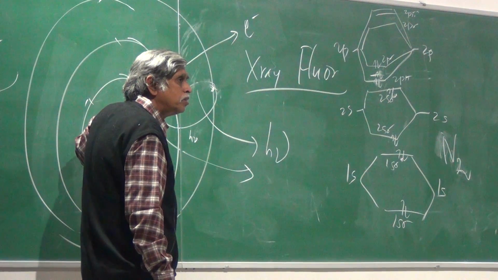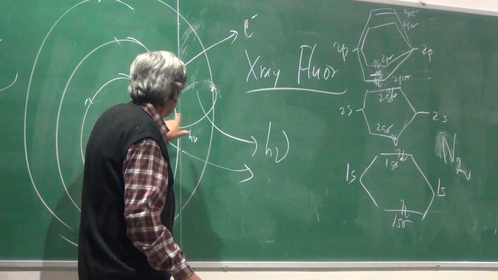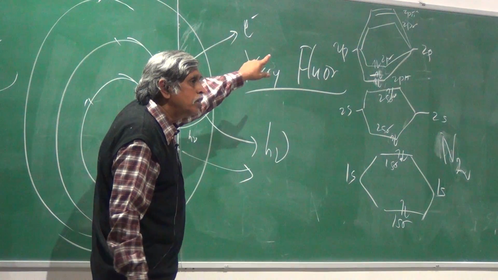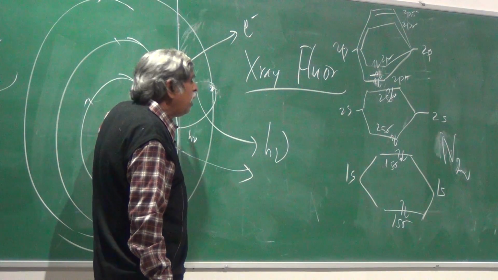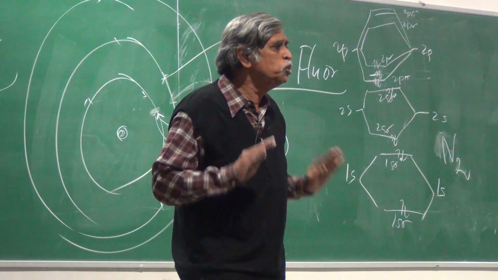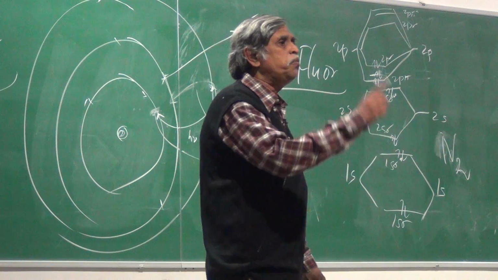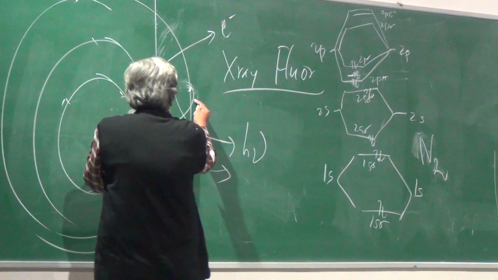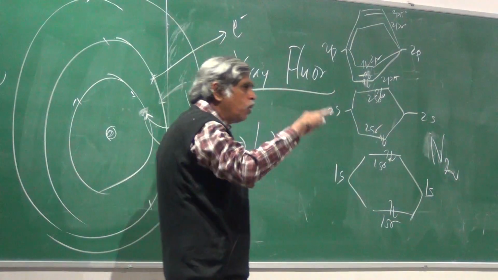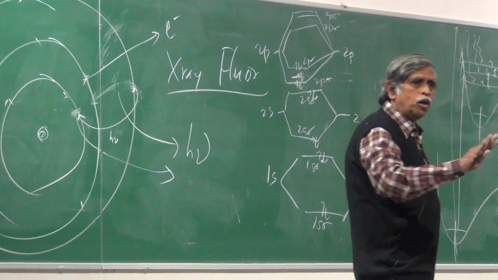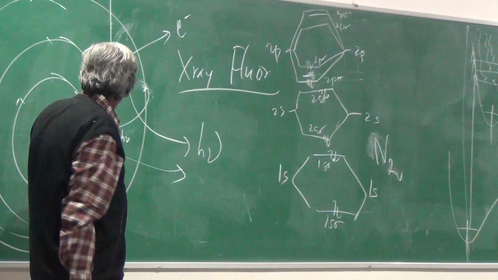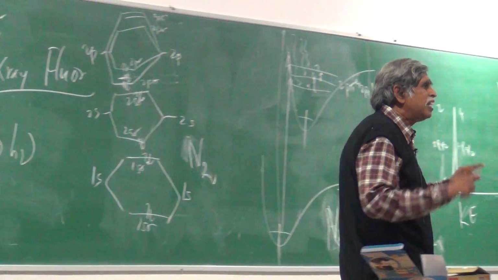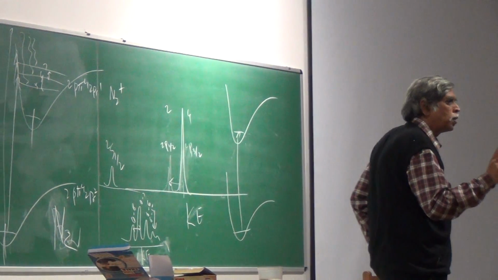This guy jumps, fixed energy now, because this orbital and this orbital is unique for that metal, and that energy actually kicks this guy out, which is also fixed, and therefore, irrespective of what photon energy you used, the Auger electron energy will not change, because the Auger electron energy depends on this difference minus this difference, and your photon energy never comes into play. Your photon energy decides the kinetic energy of the first electron that went out. After that, the Auger electron energy does not depend on what photon you used.